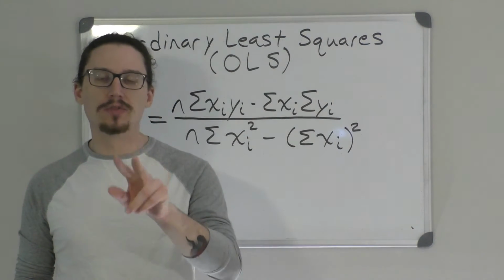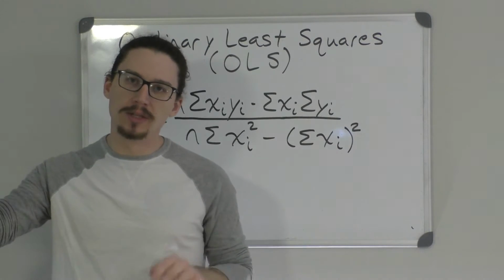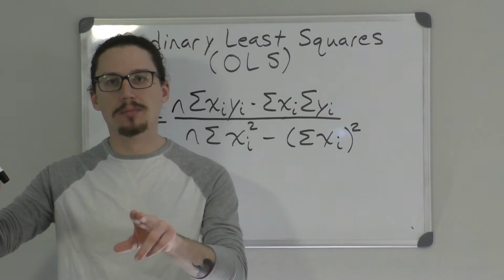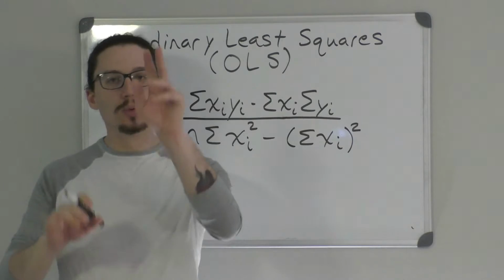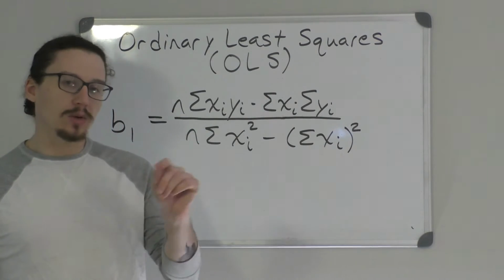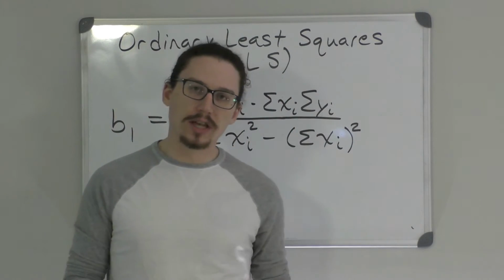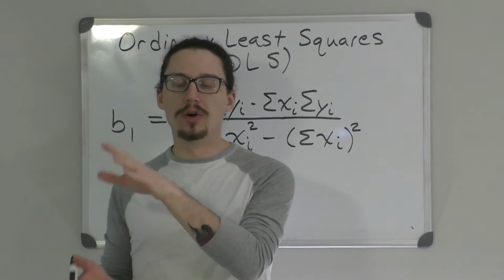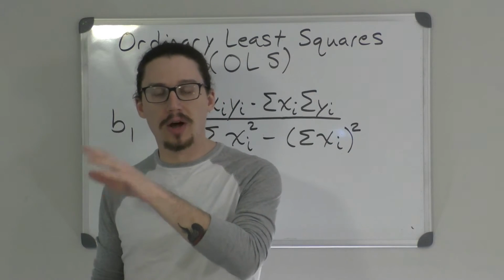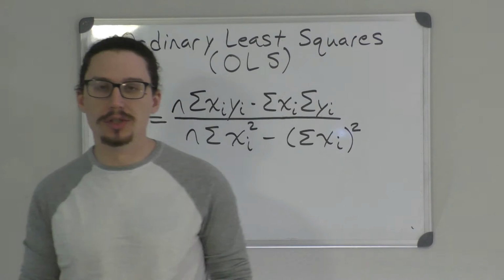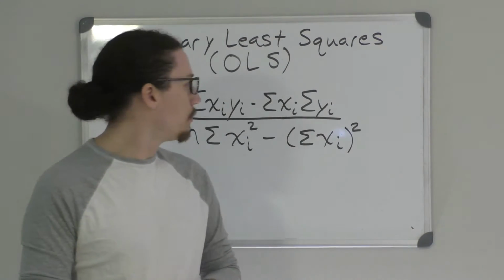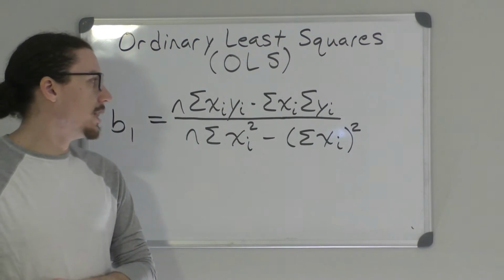We multiply them, set them aside, go down to the next pair, multiply them, set them aside. Once we've multiplied X and Y for all of our data, we add up those products. That's your sum of XiYi.